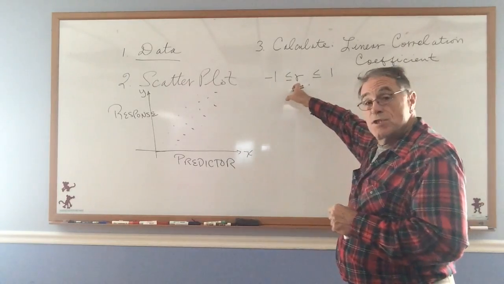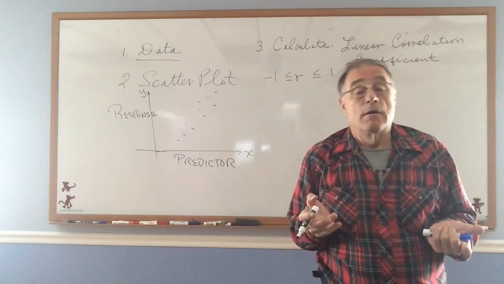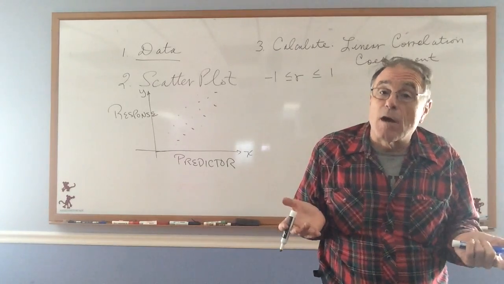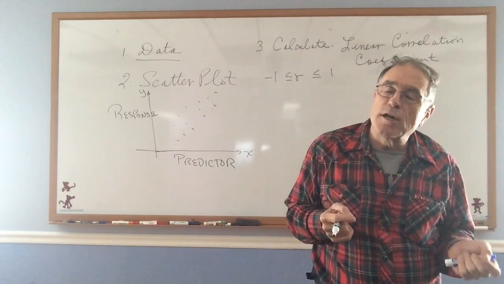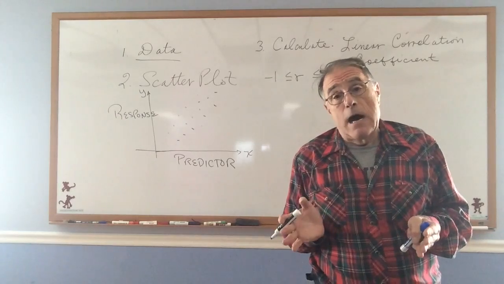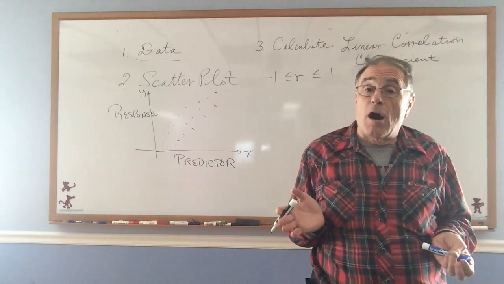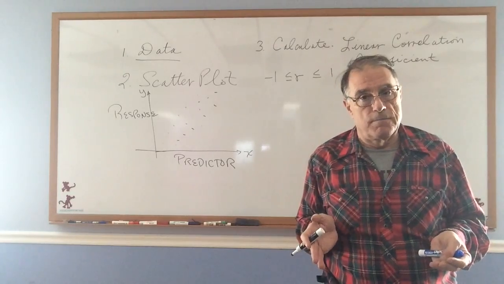A value of 0 would say there is no linear correlation. It could be another type, it could be quadratic, it could be exponential, but an R value of 0 would tell us there's no linear correlation. Now, how strong R is, the closer to 1 or -1, the stronger.